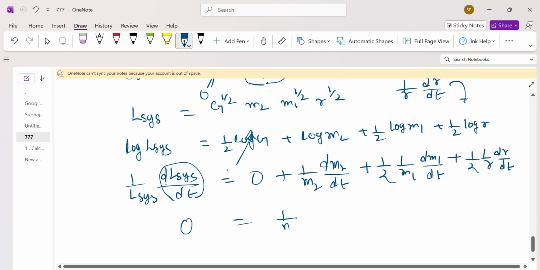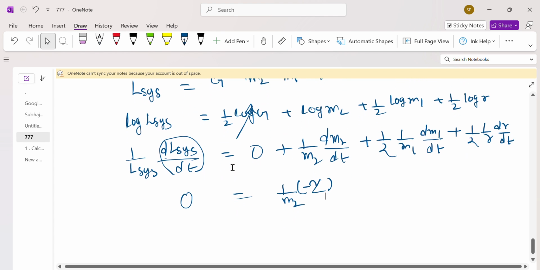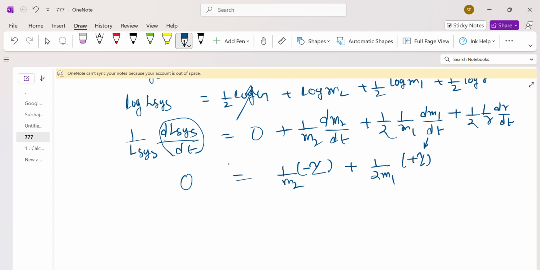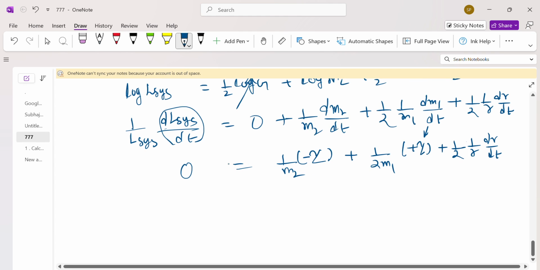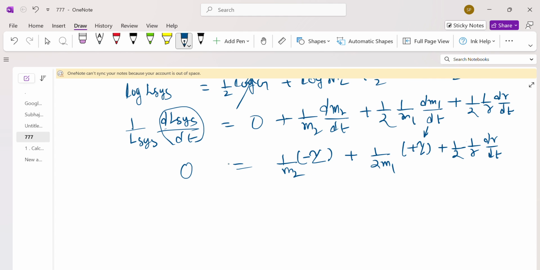So 0 is equal to 1 upon m2 times minus gamma, because the mass of m2 will decrease, then 1 upon 2 m1 times plus gamma, because the mass of m1 will increase, then plus 1 upon 2, 1 upon r dr/dt.